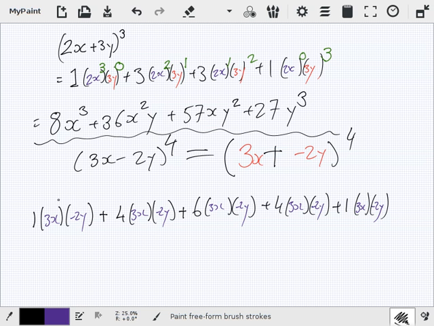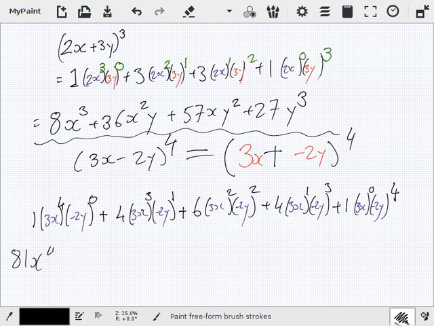Now, let's start with the powers of 4, 0. Next? 3, 1, 2, 2, 1, 3, 0, 4. Right, 3 power 4 is 81. Minus 2 power 0 is 1. 1 by 81 by 1 is 81x to the 4. 3 cubed is 27. Minus 2 power 1 is minus 2.